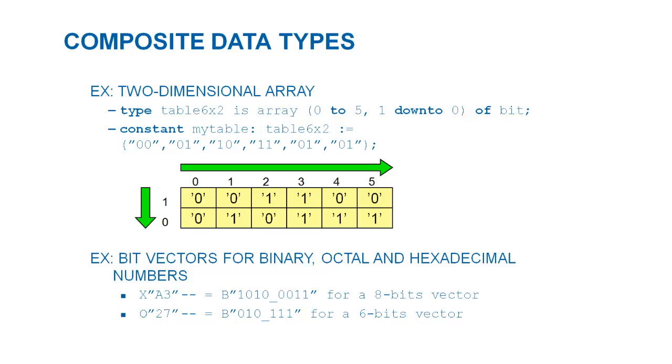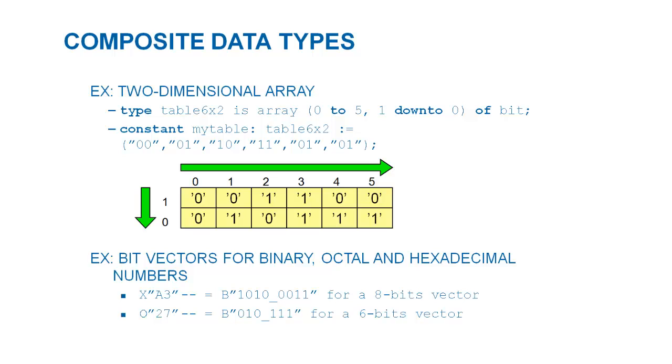They go from 1 down to 0. So each bit location is of type bit, and it can be of type boolean, it can be of type logic or unsigned logic, but right now it's of type bit.